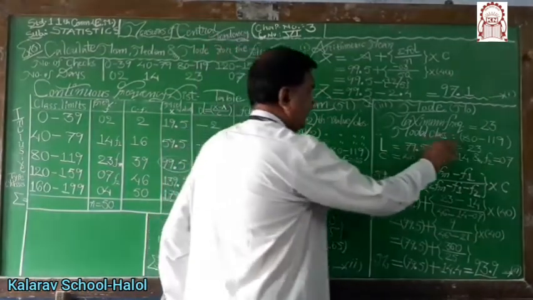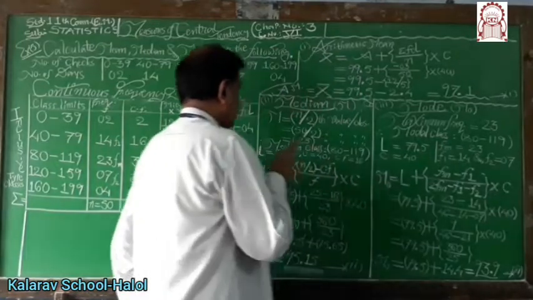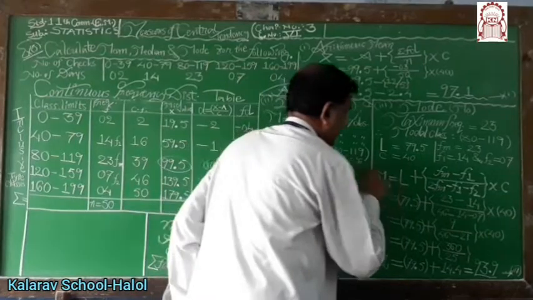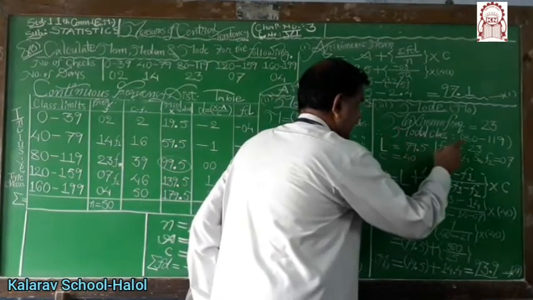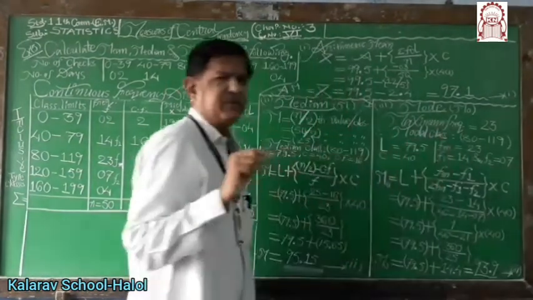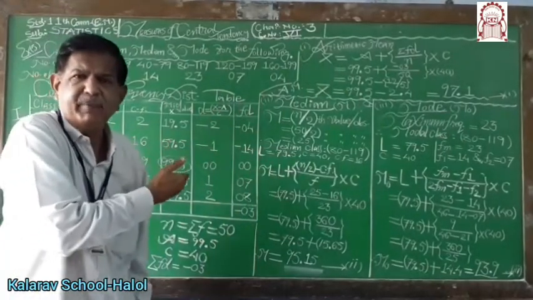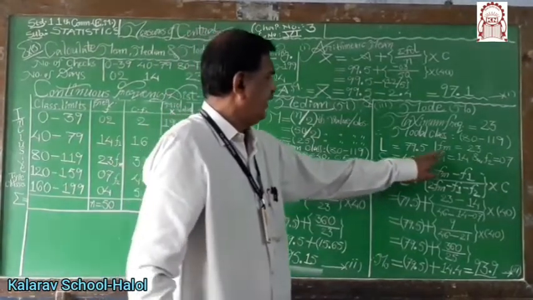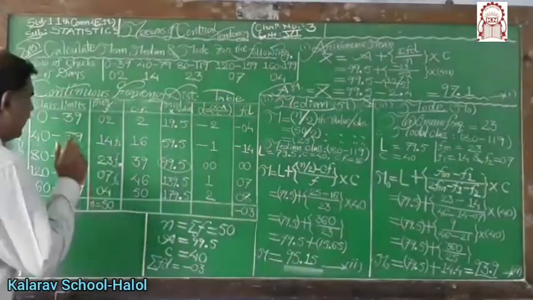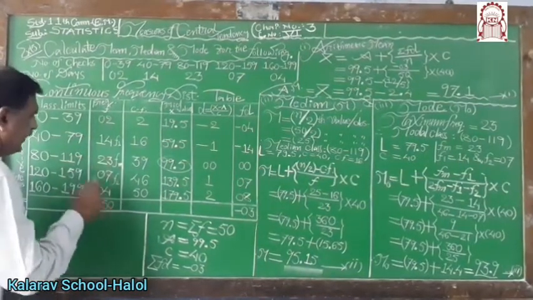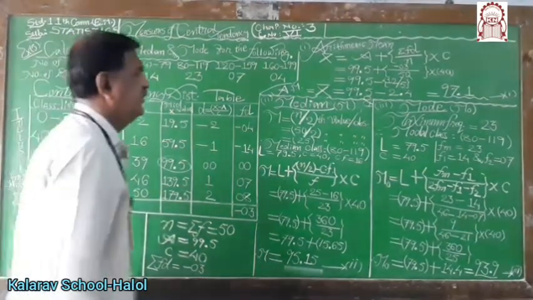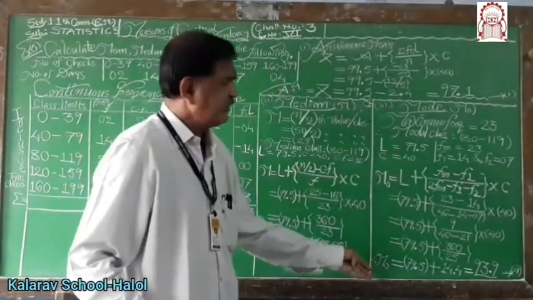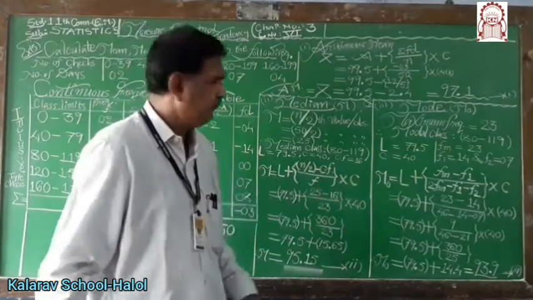What is the value of L? Now cut 0.5. L means the lower limit point, not the lower limit. 80 minus 0.5. Why should 0.5 be subtracted? Because it is inclusive type of classes and not exclusive. C means 40, the class interval, Fm is 23, F1 is 14, F2 is 7. You must write this data, then there is no question and your calculation becomes perfect.